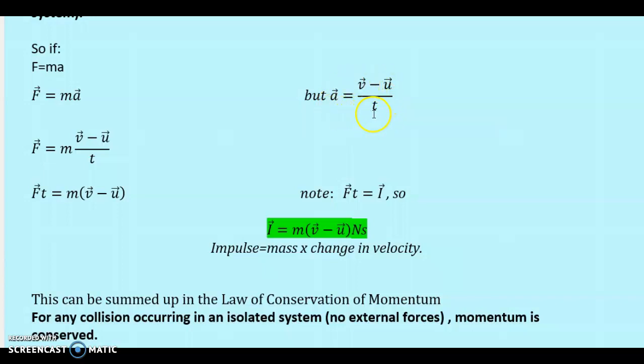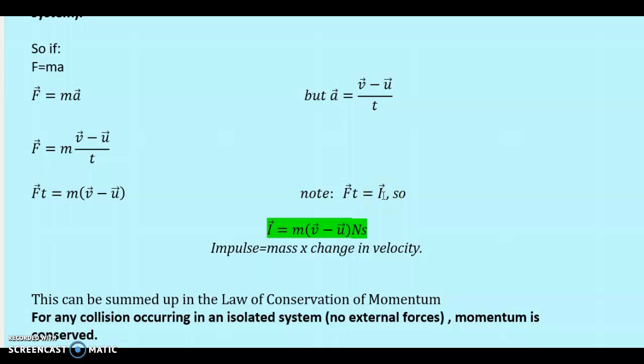So I can now put this formula into this equation, and I get force is equal to mass times (v minus u) over t. Multiply both sides by t, and I get force times time is equal to mass times (v minus u). Now, force times time is impulse.